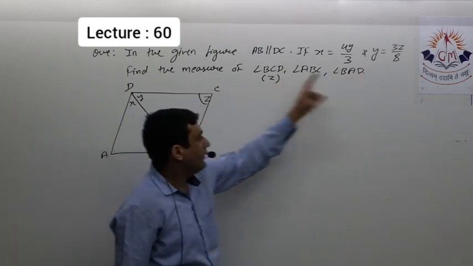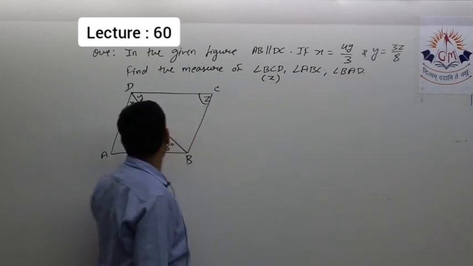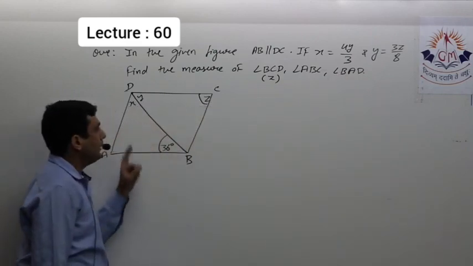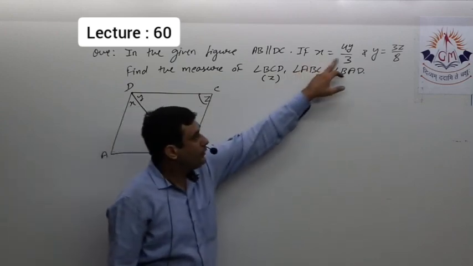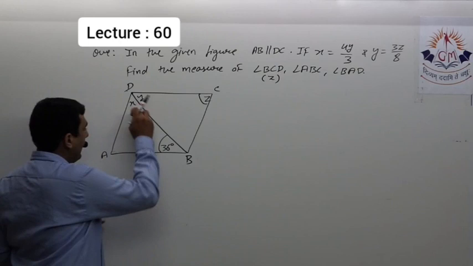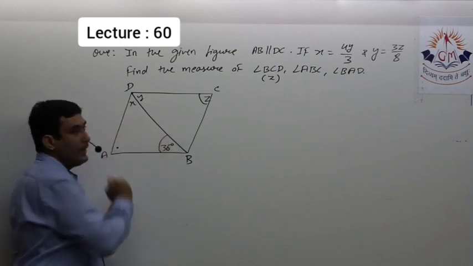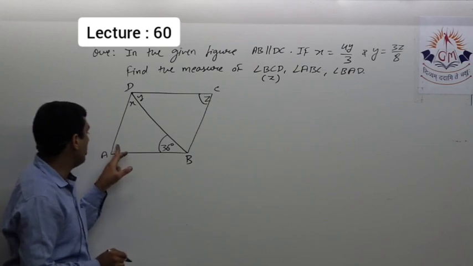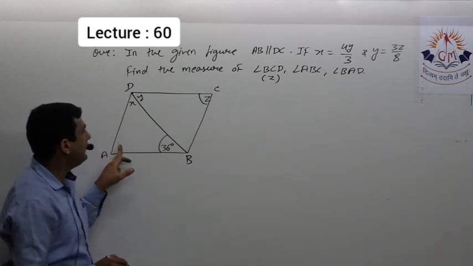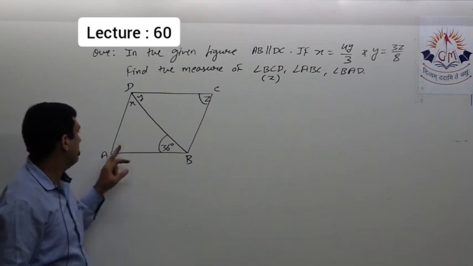That means directly I am going to get the angle BCD. After getting value of x, and this is already 36, I can apply the angle sum property to get the measure of this angle BAD. So this gives me all three angles.